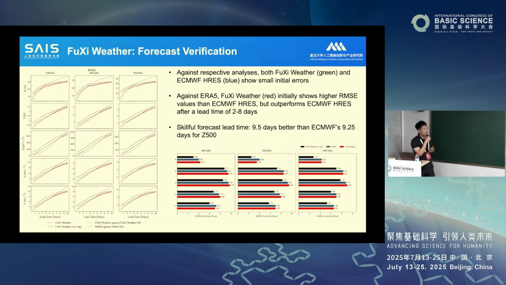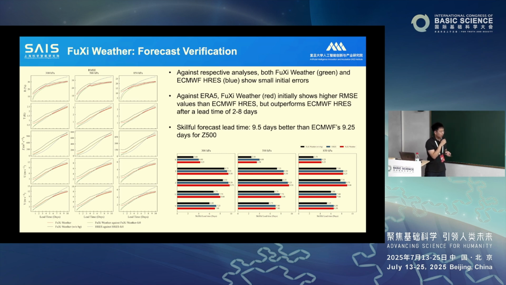And this is how the forecasts look. In a standard way, we usually evaluate the model forecast against their analysis, or in another term, their initial conditions. So the green lines here are the forecast evaluated against FuXi weather's analysis, and the blue lines are ECMWF evaluated against its own analysis or initial conditions.